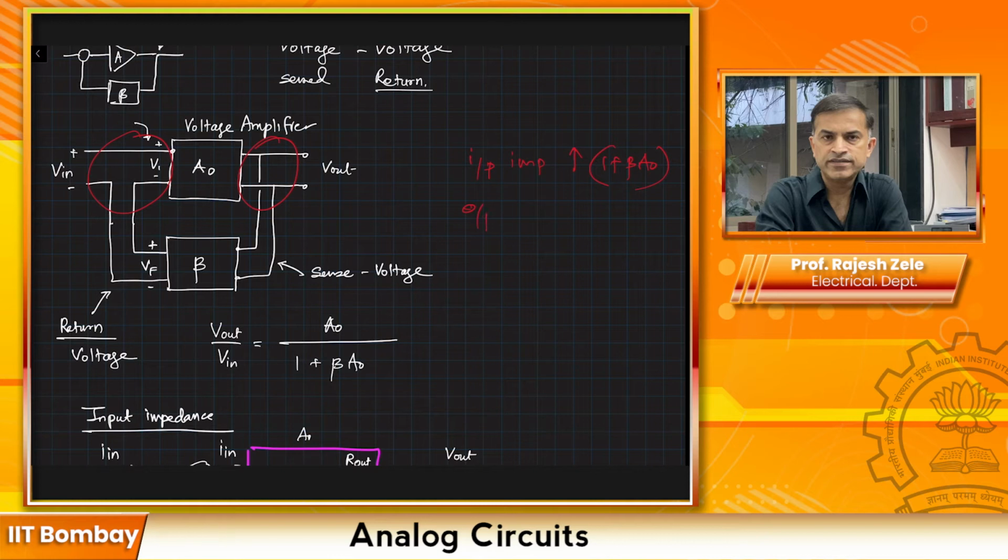So then just by looking at it, we can say output impedance will go down by the 1 plus A0 beta factor. So this is a quick way to tell, just by observing the connections, what happens to the impedances after feedback. Otherwise, it can become very painful every time to write down the equations and figure out whether my input impedance is going up or down, output impedance going up or down. So this is a trick that I'm teaching you.